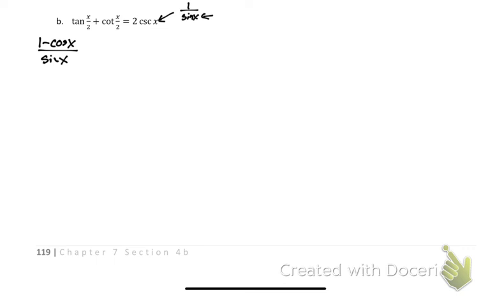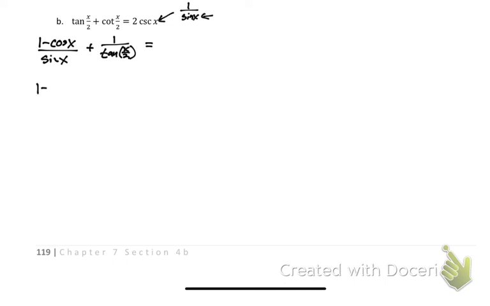Do we have a cotangent half angle formula? No. But what's cotangent in terms of tangent? Cosine over sine, that's one way. The reciprocal of tangent, right? So this is really just 1 over tangent, so it's plus 1 over tangent x over 2. Okay, so I haven't done anything to the left one.